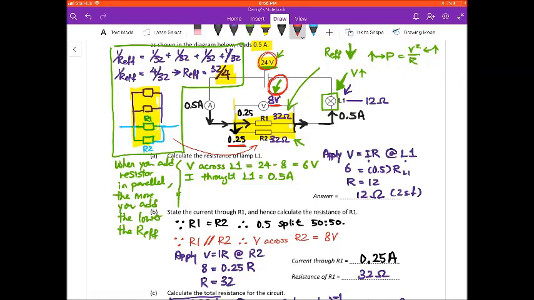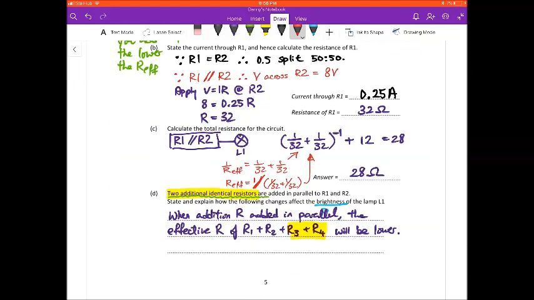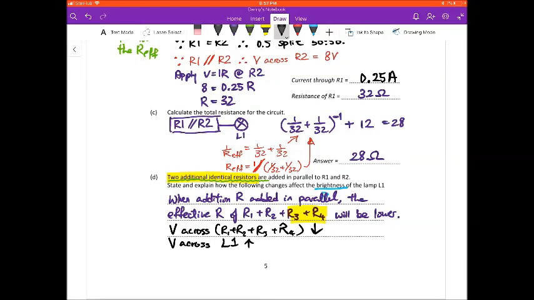And if this share is lower, that means this share will be higher. So because of that, the voltage across R1 plus R2 plus R3 plus R4 will be lower. So the V across the lamp L1 will increase.